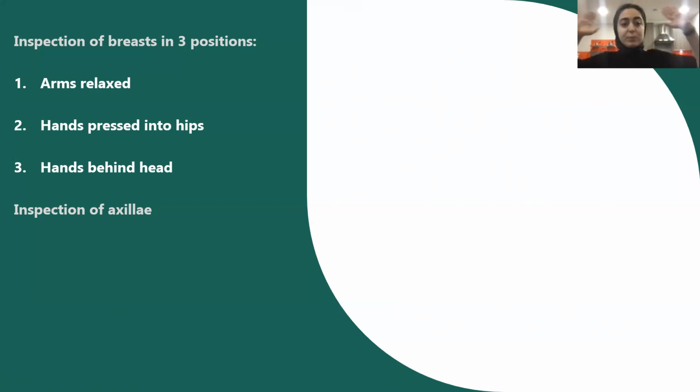Next, you ask them to put their hands behind their heads and push their elbows backwards. Again, you're tensing different muscles and trying to see if any obvious lumps come up. At the same time, when the patient's hands are behind their head, you can show the examiner that you're looking at the axillae for any skin changes or any obvious lumps.